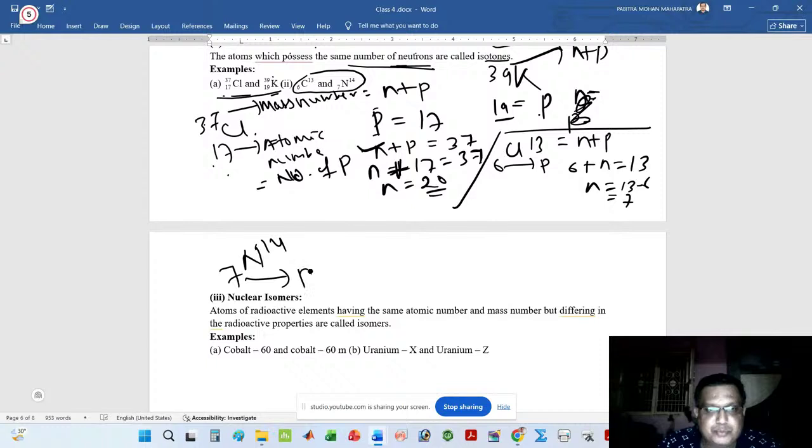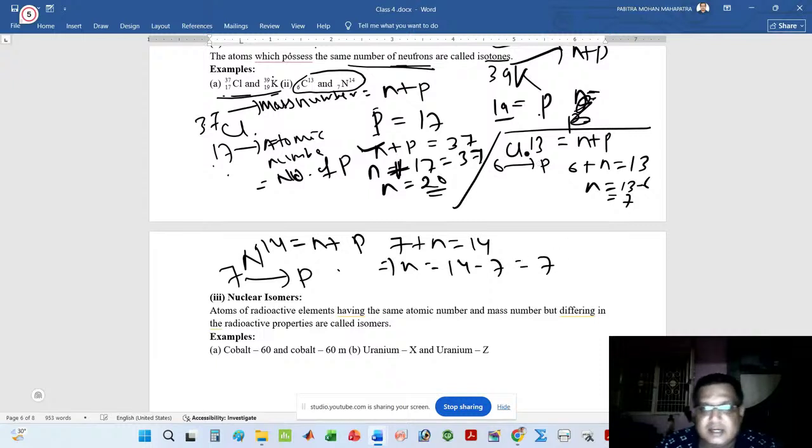This is your p and this is your n plus p. Put the value of p here. Then I can write 7 plus n is equal to 14. Now n is 14 minus 7. That is 7. Look at that. For C 6, 13, the n value is 7. For N 7, 14, the n value is 7. Both these species have the same neutrons. So here we can say that C 6, 13 and N 7, 14 are isotones of each other.